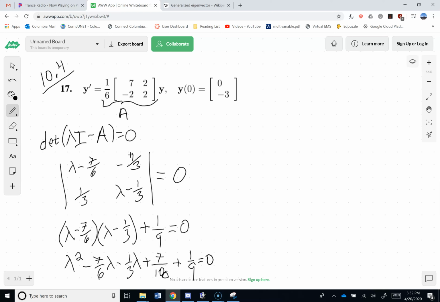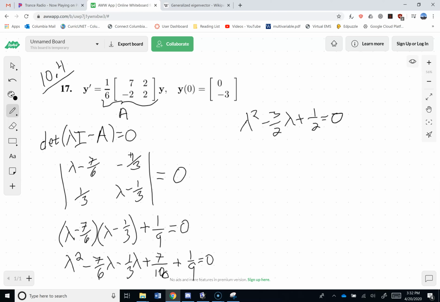And then I'm really annoyed by all these fractions. I'm going to resist the urge to multiply through. It should be minus 3/2 lambda plus 1/2 equals 0. So it's lambda squared minus 3/2 lambda plus 1/2 equals 0.